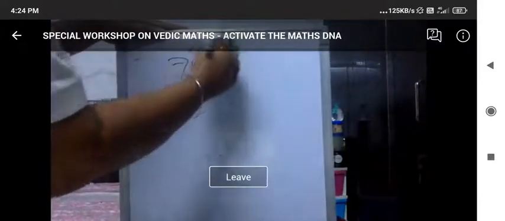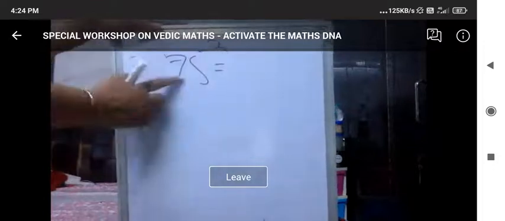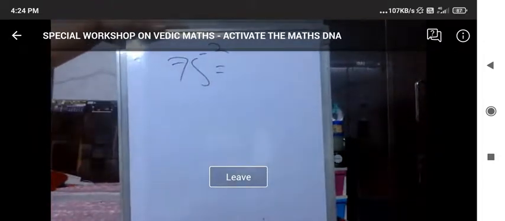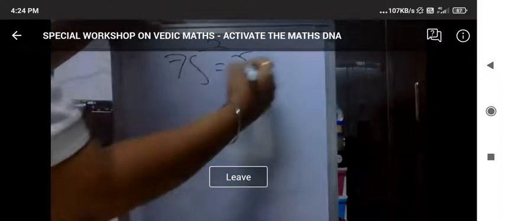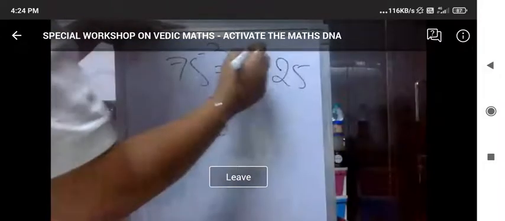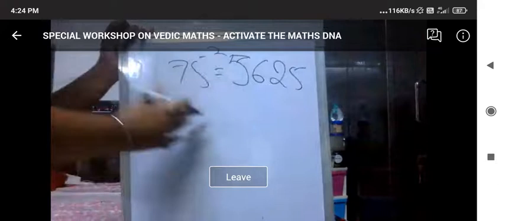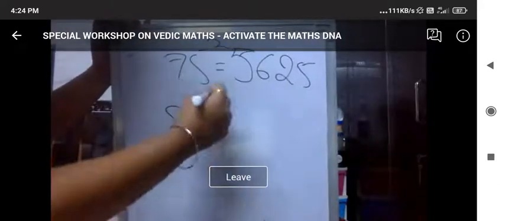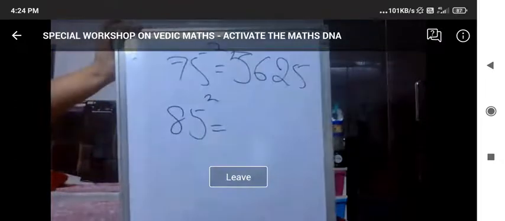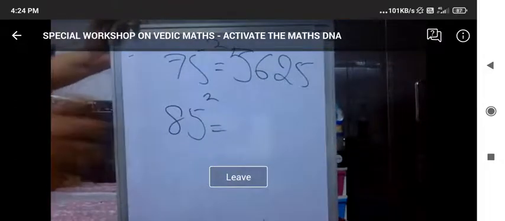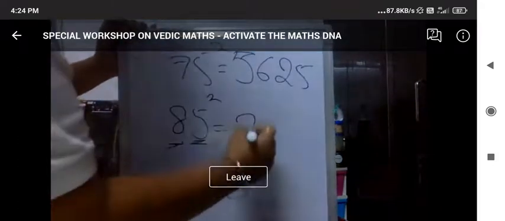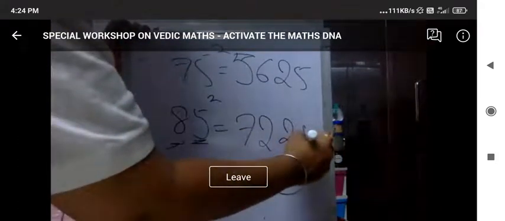For example, we'll take 75 square. 7 multiplied by 8. Quickly. 56. Answer, 5625. Yes, it's 5625. Hope this is clear. And we can get the answer for 85 square. Yes. Please try it. 8 multiplied by successor 9 will give you 72, so 7225.